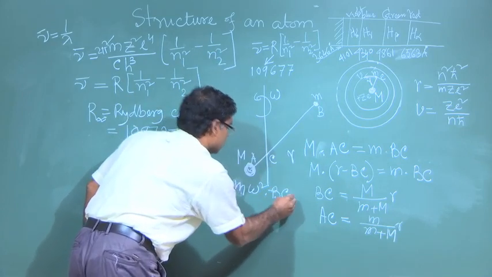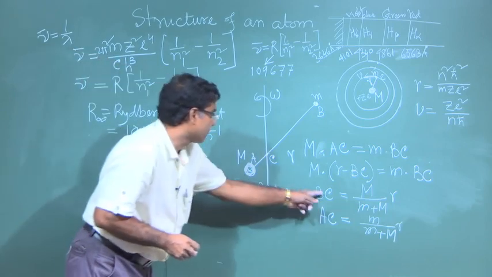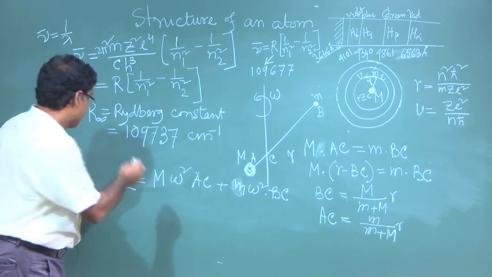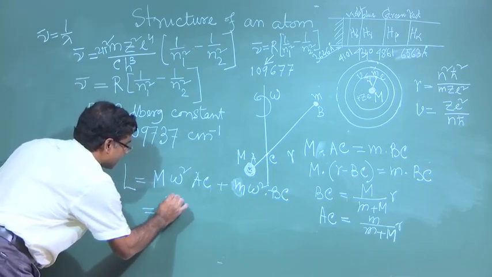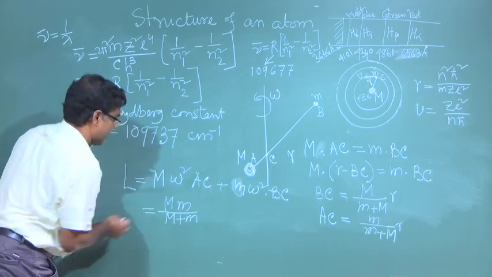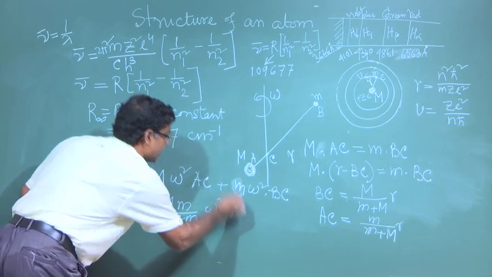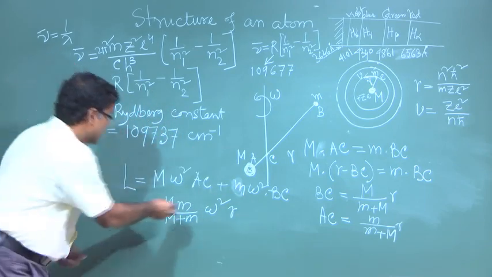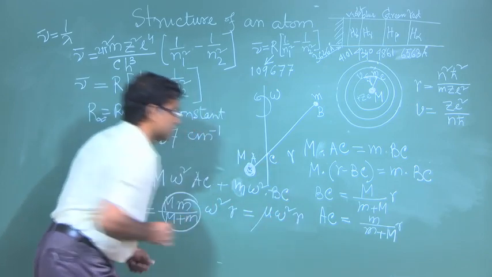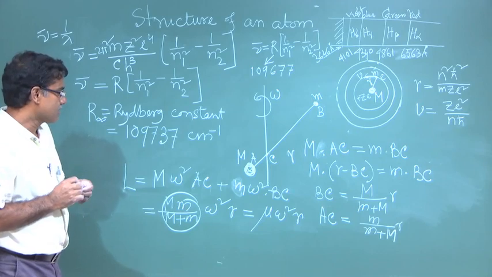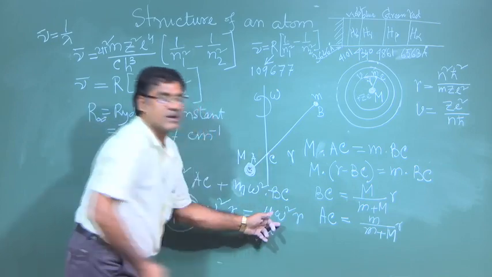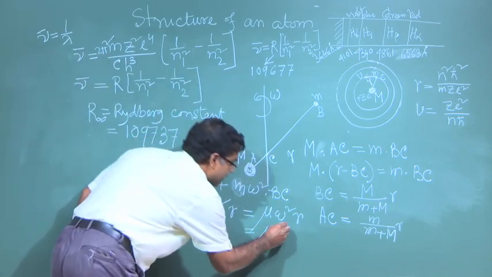Put the values of AC and BC and you can show that it comes to mu omega square R, where omega into R is V basically.